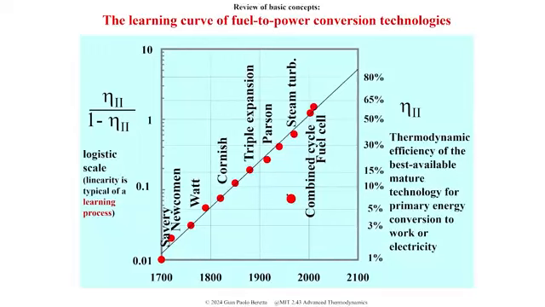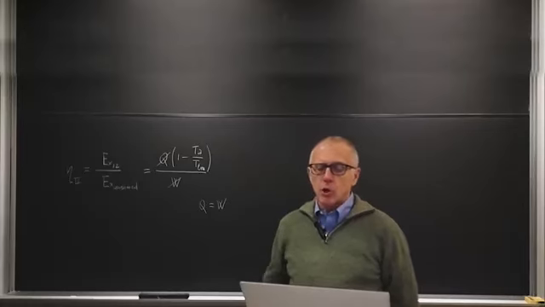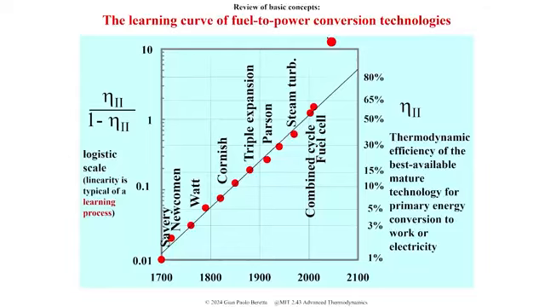Now, for reasons that we will see later, but also just for fun, you can plot on this graph the history of second law efficiencies of technologies that mankind has developed over the years to convert fuel exergy into work, starting from the beginning of the Industrial Revolution in England, where you would use vapor to pump water out of the coal mines.